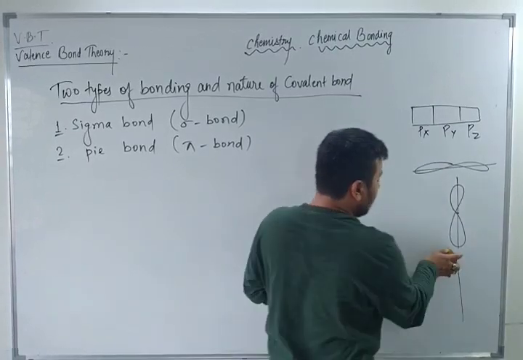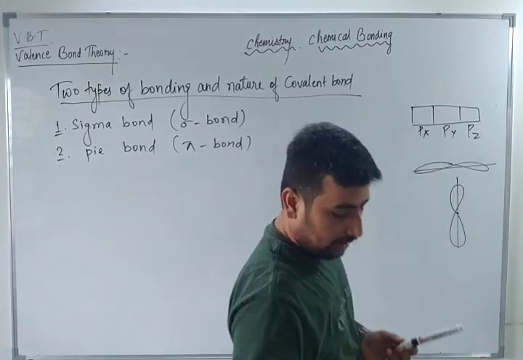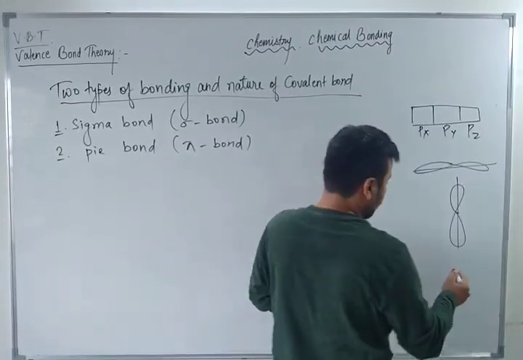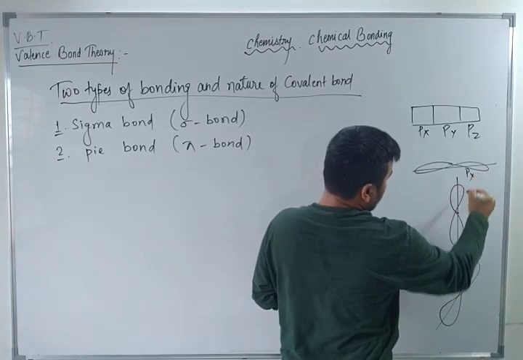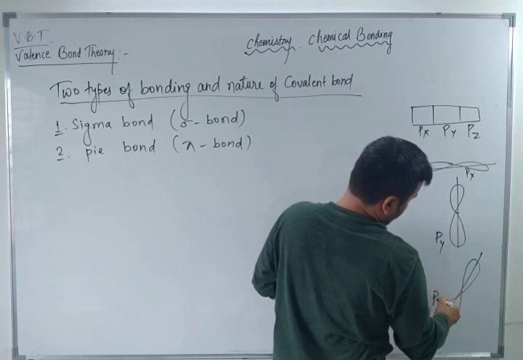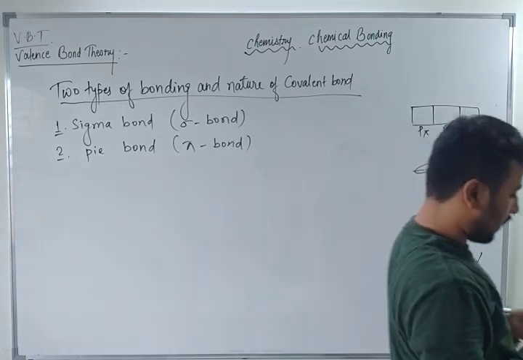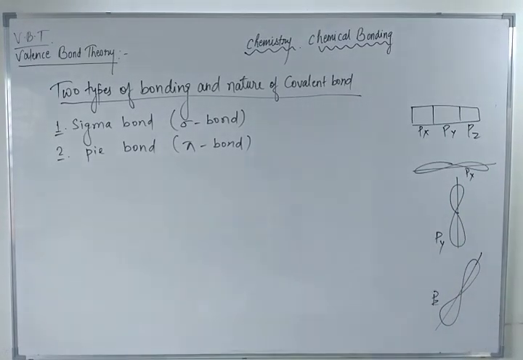So this is px, py and pz. In which direction are they? So if I talk about the sigma overlapping or sigma bond, this type of covalent bond is formed by the axial overlapping of half-filled atomic orbitals.